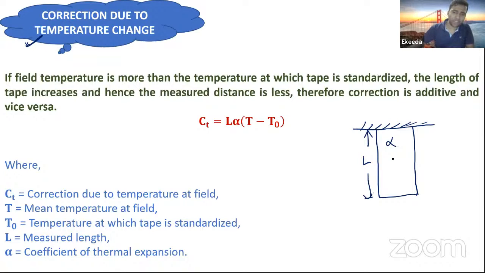Now, when we heat this body to a particular temperature, there will be a change in length in this body. And the magnitude of this extension will be equal to L alpha T. That will be the change in length of this body due to increase in temperature.